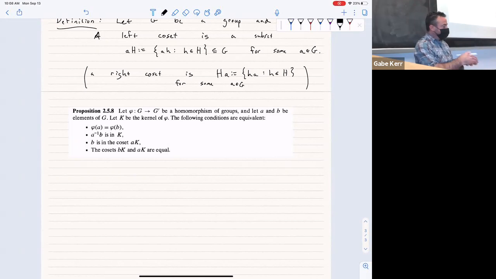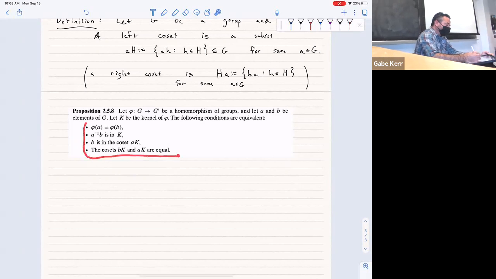And this is a proposition that tells you a lot of things you can say about such a situation. It says, if we have A and B, elements of G, and they're sent to the same element, and K is the kernel of phi, then there are a bunch of equivalent properties.